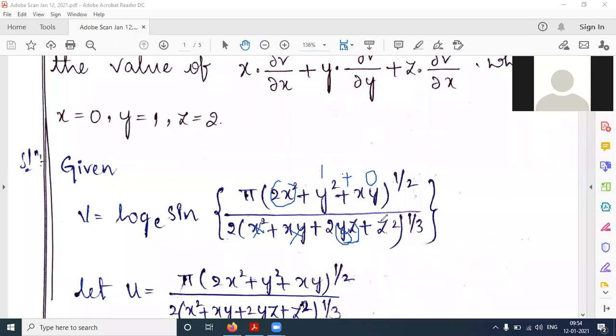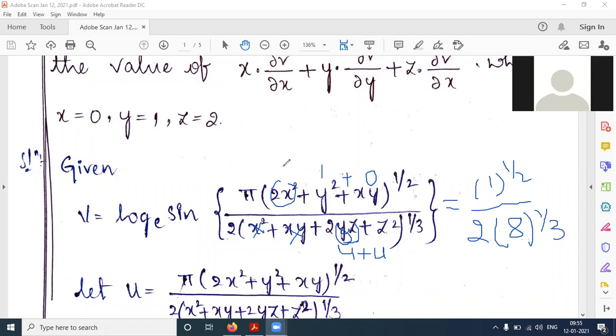So z² means 4, so here 4 plus 4, total all to the power of 2 into 8. So total it is equal to 1 power 1/2 divided by 2 into 2 into 8 to the power of 1/3.